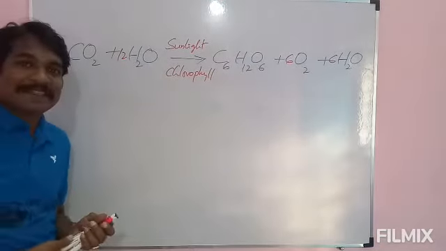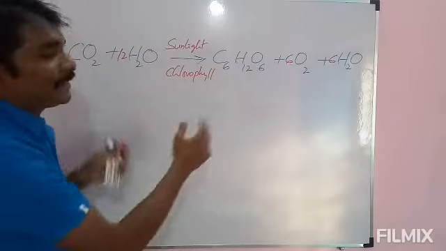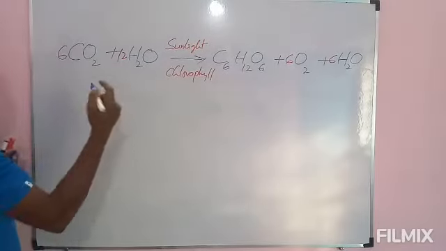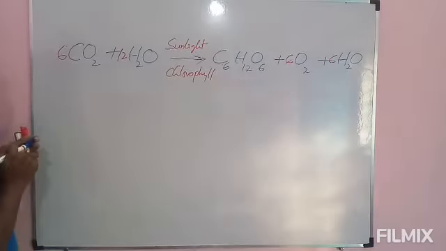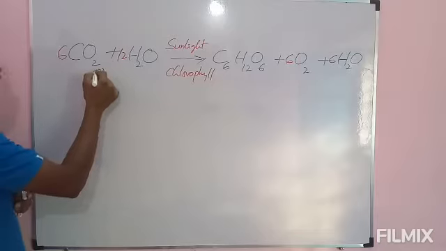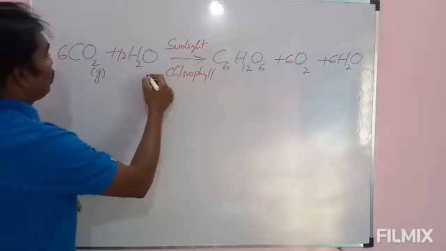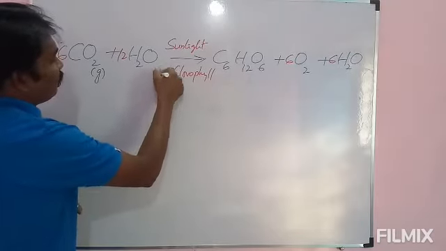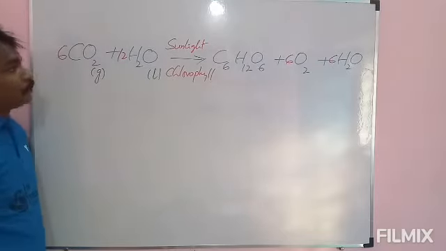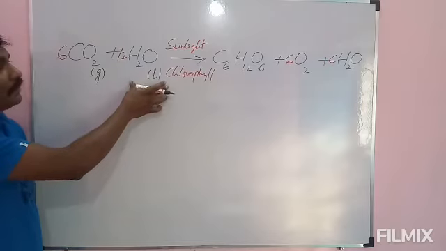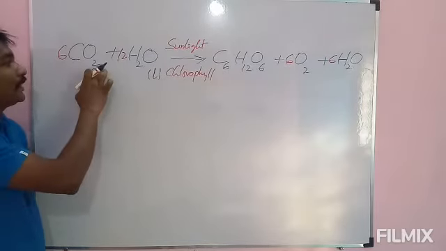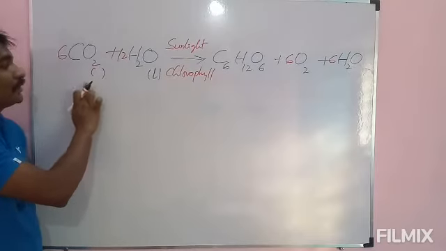Is it a complete equation? No, we have to show their physical states also. We will write the physical states. The physical state of carbon dioxide is gas, we will write G in bracket, and here water is liquid. And just keep in mind, whenever liquid water is there on the reactant side, then automatically the other substance becomes aqueous.